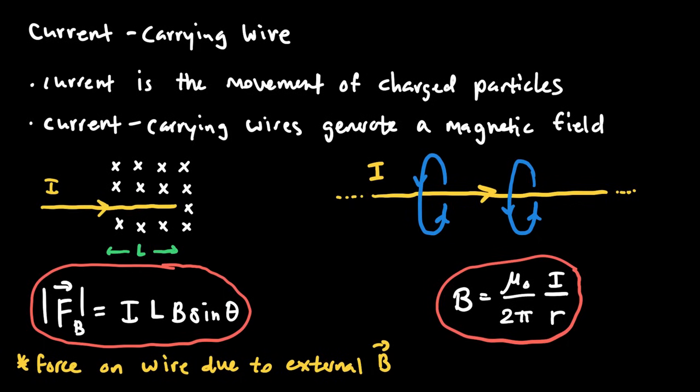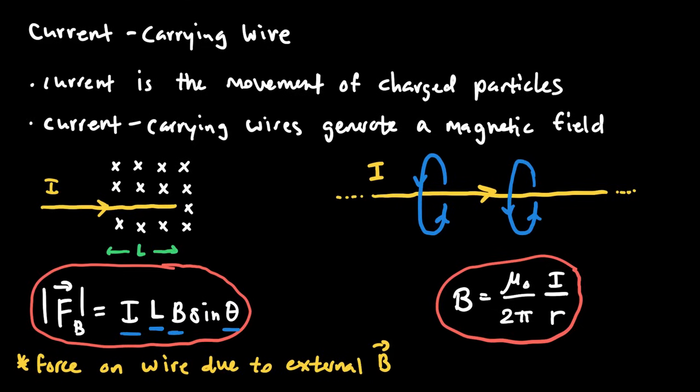And the force from that external magnetic field on the wire is dependent on the current. It is dependent on the length of the wire that's in the magnetic field, which I've shown above in green. It's dependent on the strength of the magnetic field, and it is dependent on the angle between the orientation of the wire and the magnetic field.